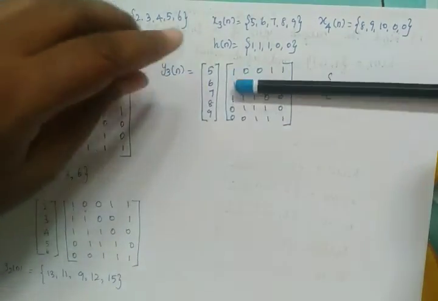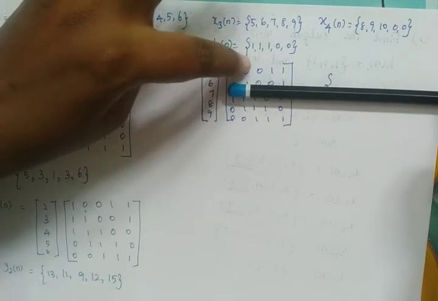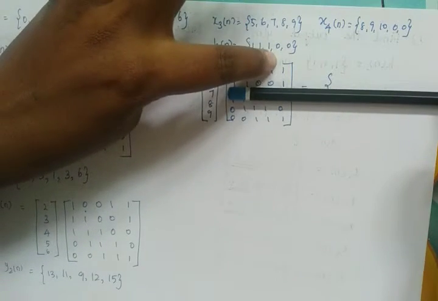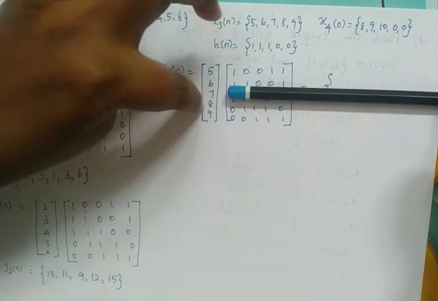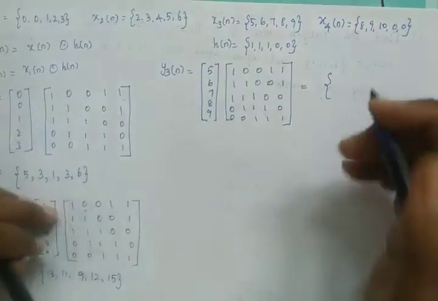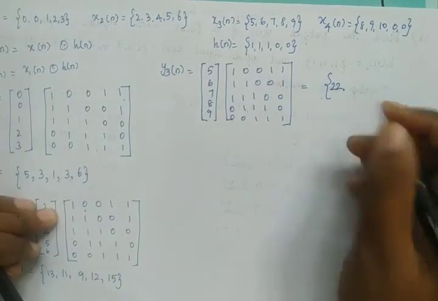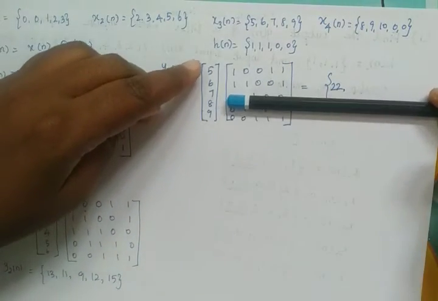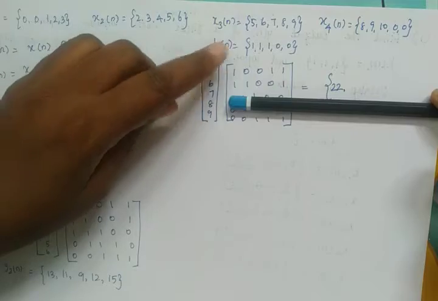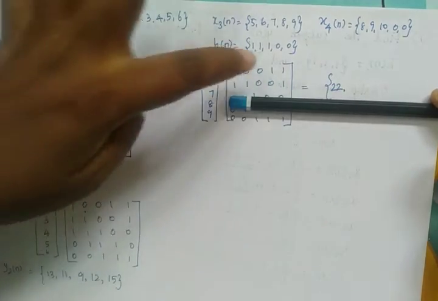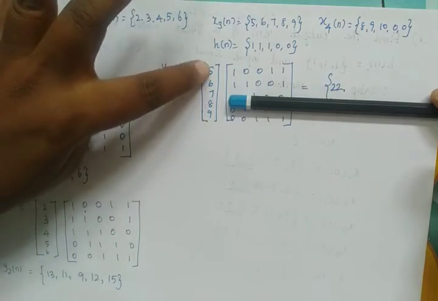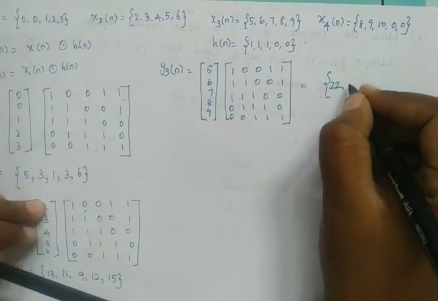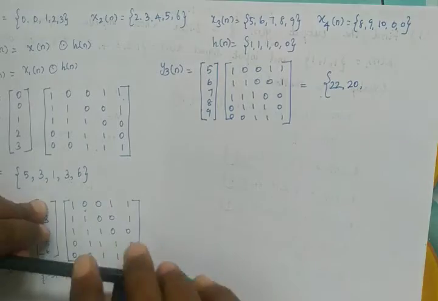Now check here. This is 1 into 5, 5 plus 0 plus 0 plus 1 into 8, 8 plus 1 into 9, 9. So 5 plus 8 plus 9, so 9, 10, 17, 22. So here it is 22, comma. Now check here second. So row into column, that you know very well. So 1 into 5, 5 plus 6 into 1, 6 plus 0 plus 0 plus 1 into 9, 9. So 5 plus 6 plus 9, so 11 plus 9, it is 20, comma.